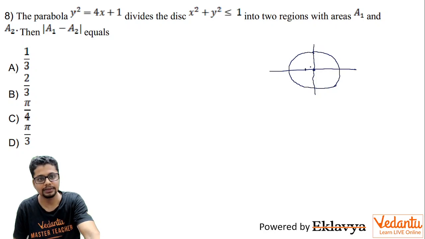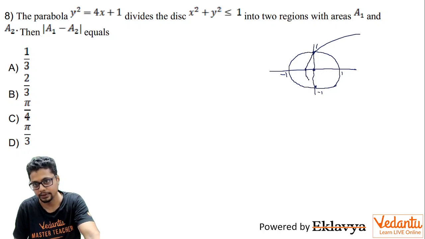When x is 0, y squared is 1, that means y can be plus or minus 1, so it will pass through these 2 points, because this is 0 comma 1, this is 0 comma minus 1, this is 1 comma 0, this is minus 1 comma 0, and it is concave right. So it will be something like this.